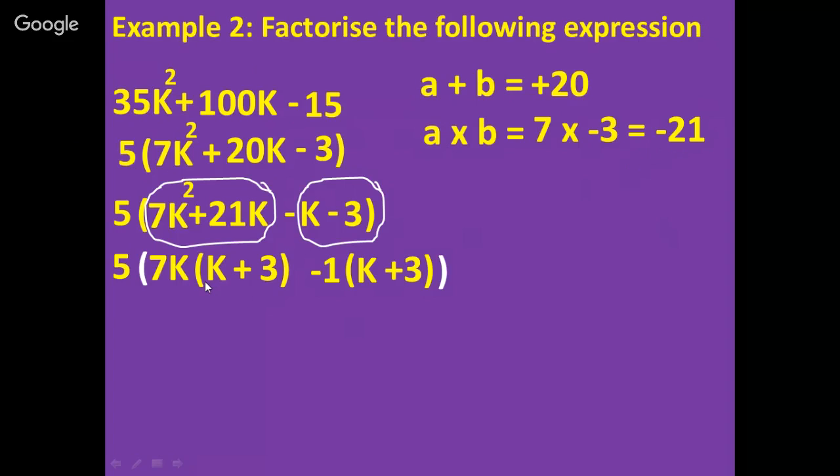So now we have one term and this another term. And we see k plus 3 is common in both these terms, k plus 3 here, k plus 3 here. So let's factor out k plus 3. K plus 3 times 7k minus 1.